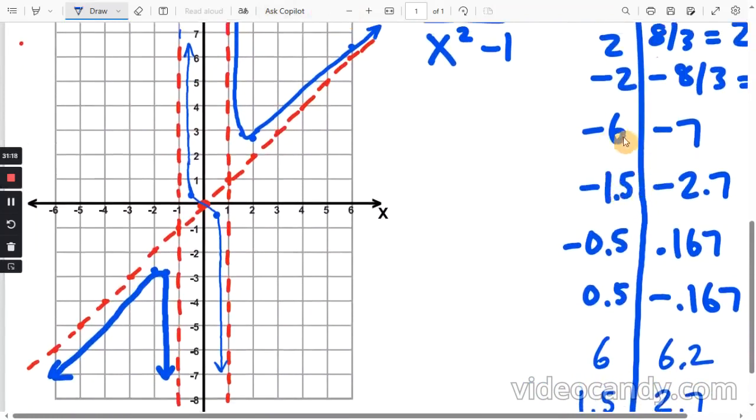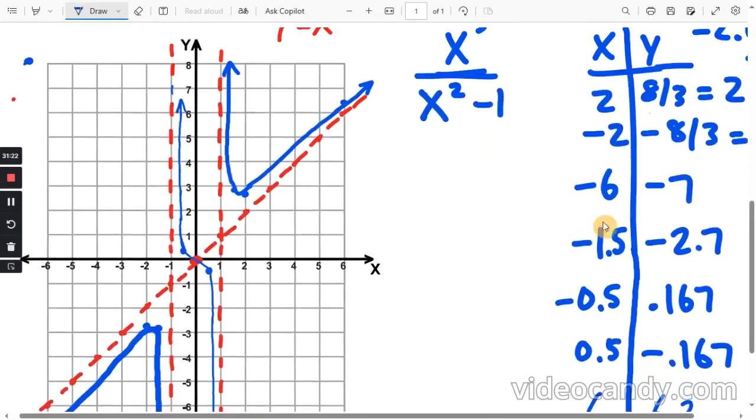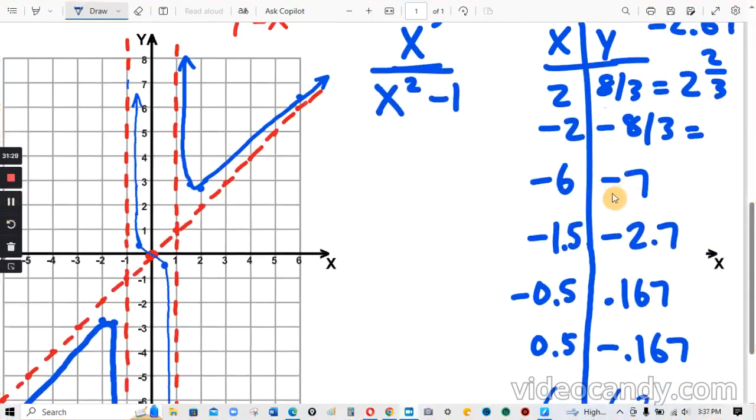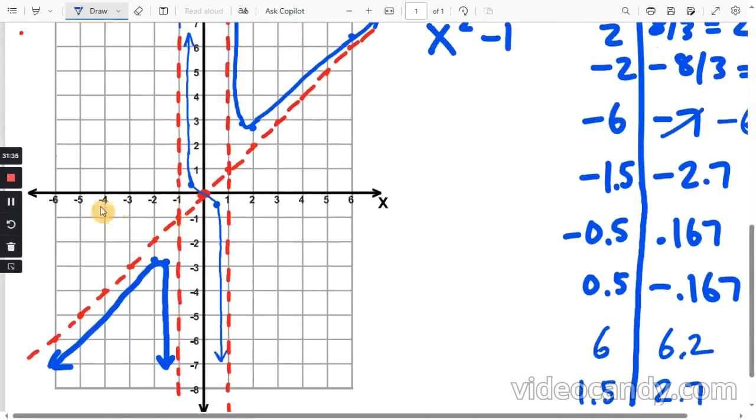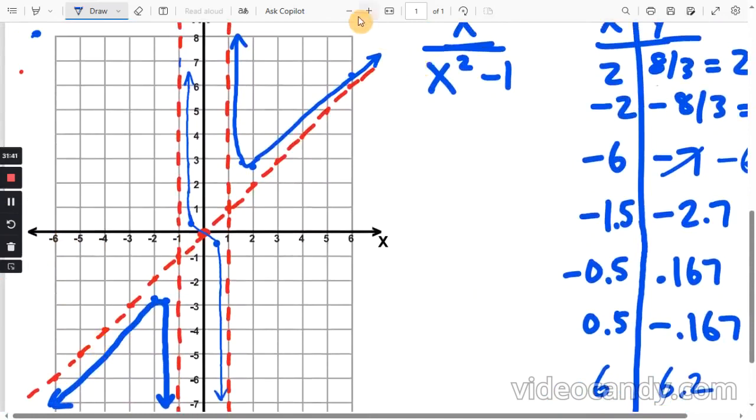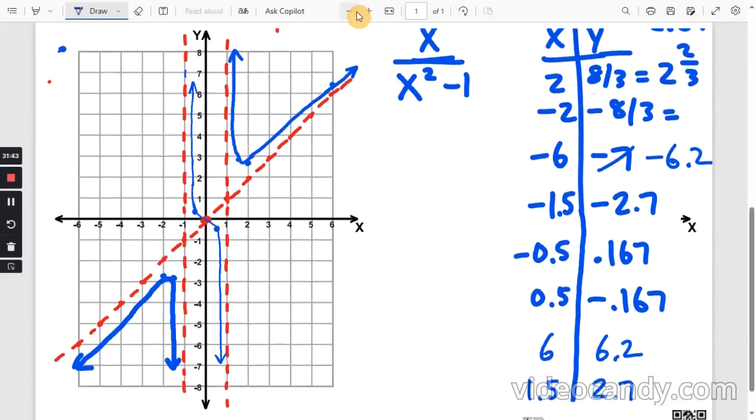I think at negative 6, I made a tiny mistake. 6 was 6.2. I bet you negative 6 would be negative 6.2. Yes, this right here was supposed to be negative 6.2. I don't think it's going to make a difference. At negative 6, it was down here anyway. So that's it basically. There's your graph, 3 pieces to it.